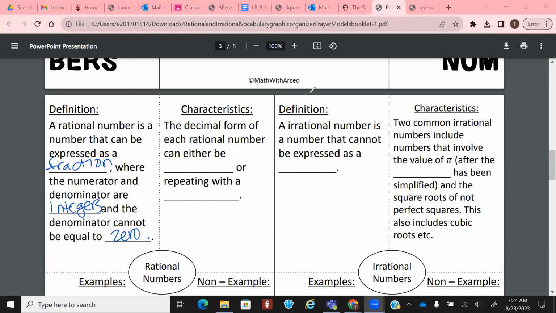All right, so characteristic is that the decimal form of each rational number can either be terminating, or repeating with a pattern.